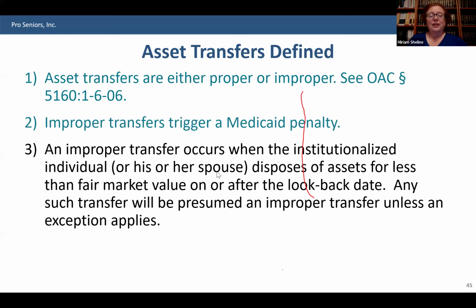Any transfers for less than fair market value after the look back date are going to be presumed an improper transfer, unless there's a specific exception that applies, and it's your burden to prove that it was not an improper transfer. The standard is that the transfer was for the purpose of qualifying for Medicaid, and that purpose is presumed.